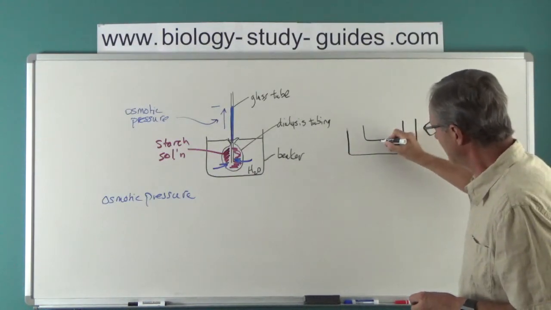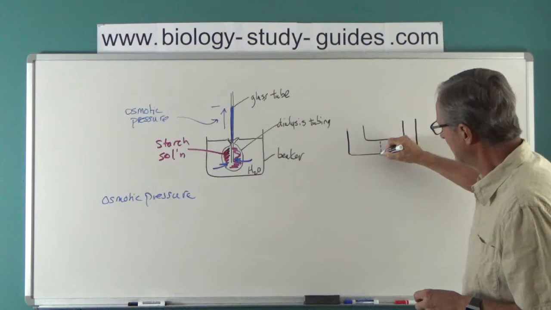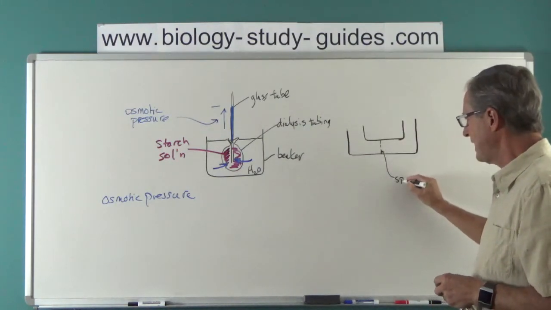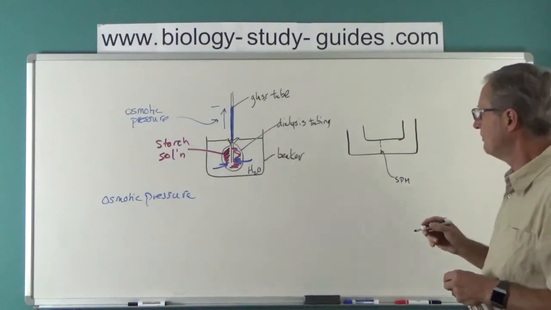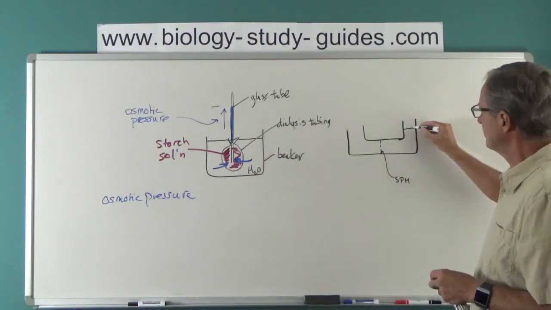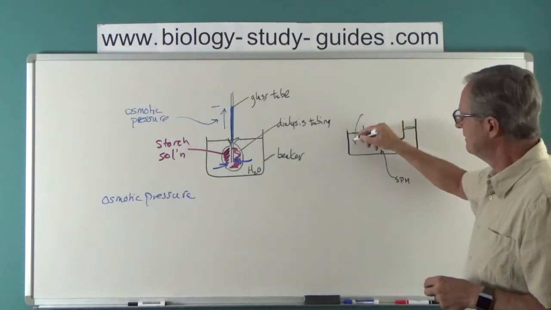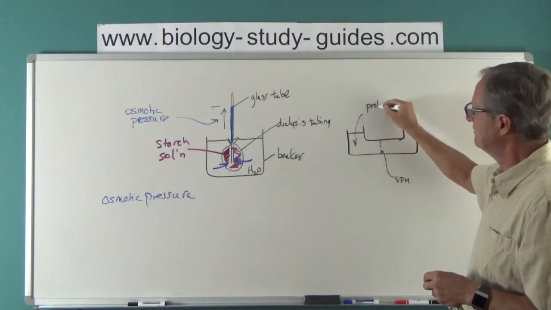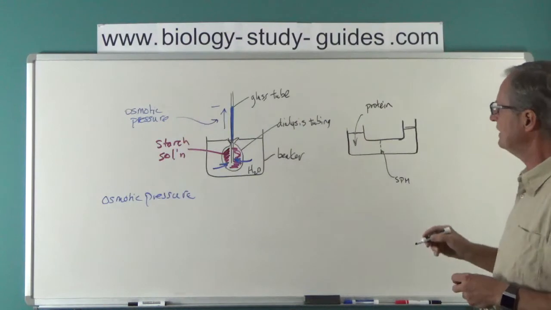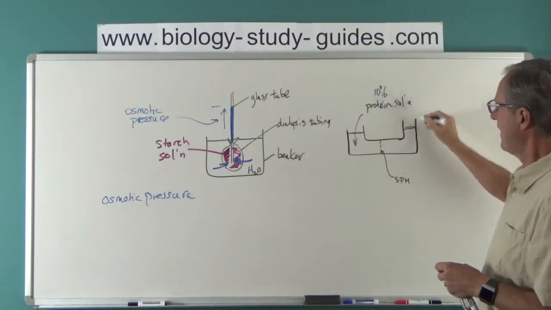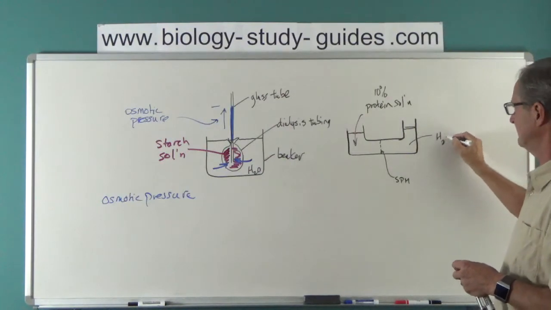So this could be the membrane here. And I'll put a dotted line and we would label that SPM, selectively permeable membrane, and we can put our water solution in here, or water in there, and then we can add, let's add protein this time. Put protein in there. Let's say we're going to put a 10% protein solution in that side, and we're just going to have water on this side.